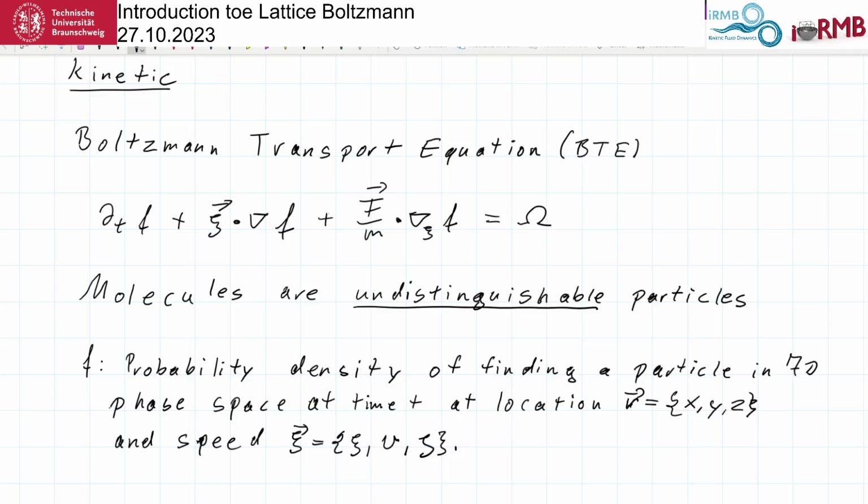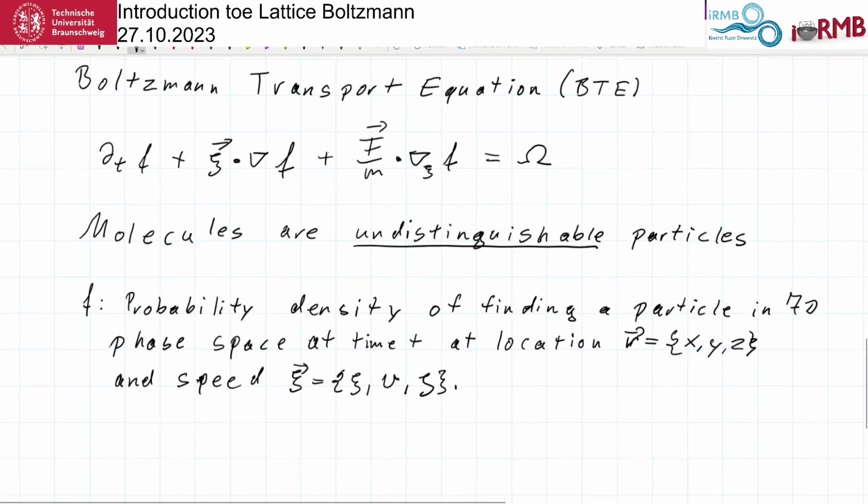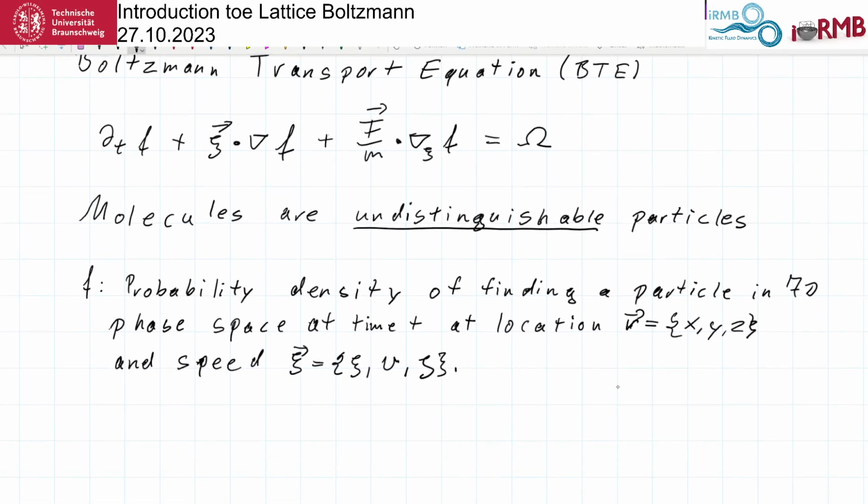So what we do here in physical kinetics is we regard particle statistics instead of individual particles.